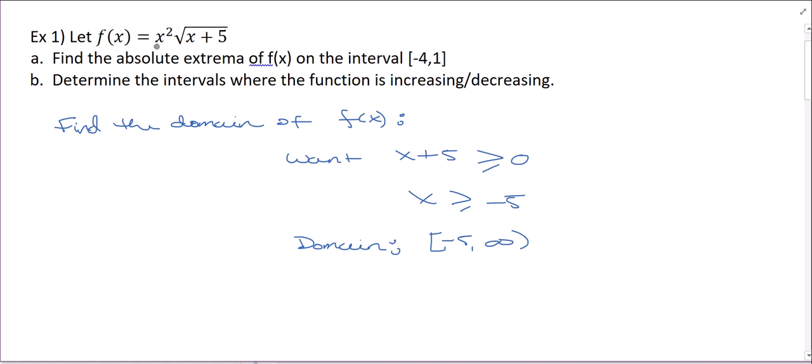So is it continuous? f of x is a polynomial times this radical, both of those are continuous. This product ends up being continuous, so we can say definitely f of x is continuous on the closed interval negative 4, 1. Therefore absolute extrema exist.